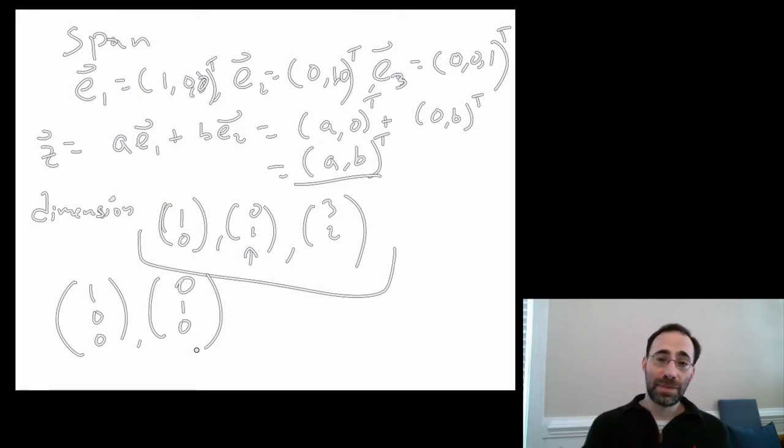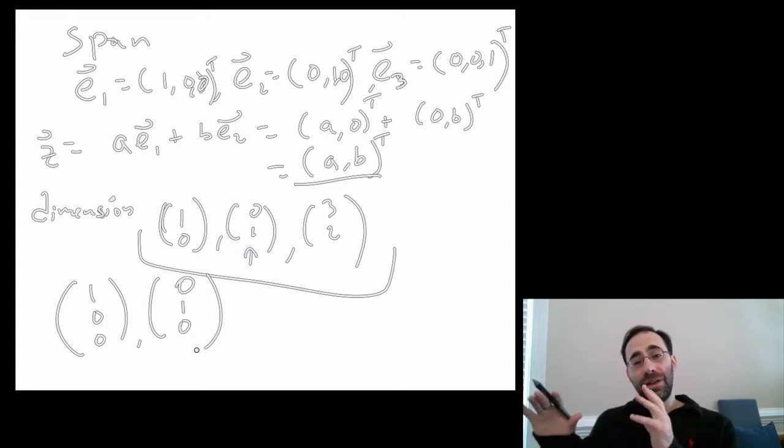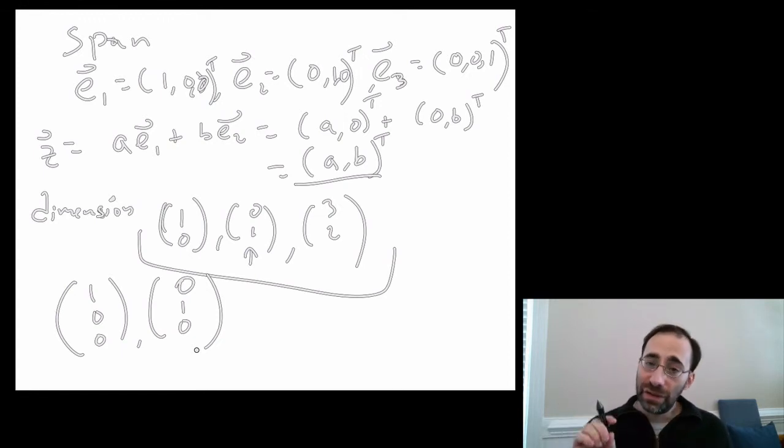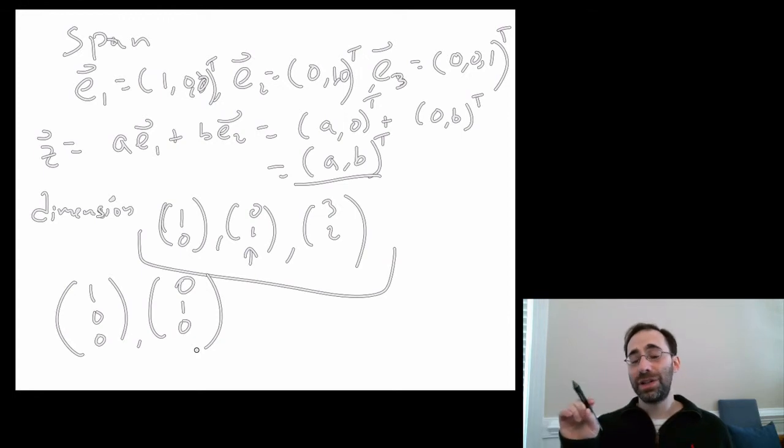Even though we're in three-dimensional space, these two vectors by themselves allow you to form any vector in a flat, horizontal plane at z equals 0. Those two vectors span a horizontal plane only, so the dimension of the space spanned by those vectors is 2, not 3. Each individual vector has 3 elements, so each individual vector is three-dimensional, but the space spanned by the vectors is only 2.